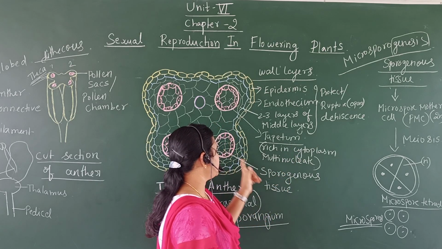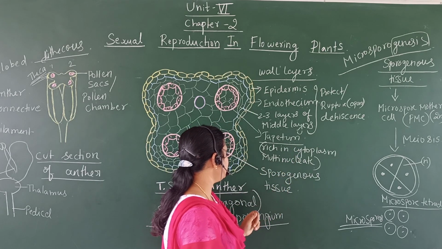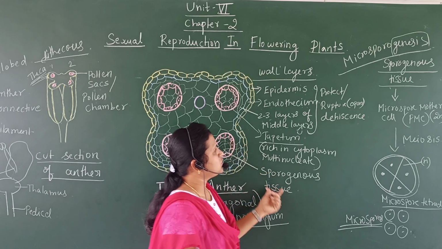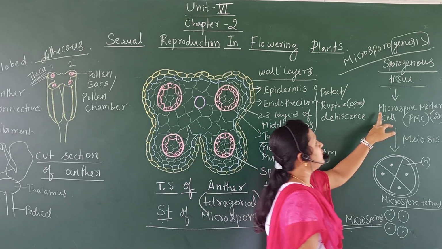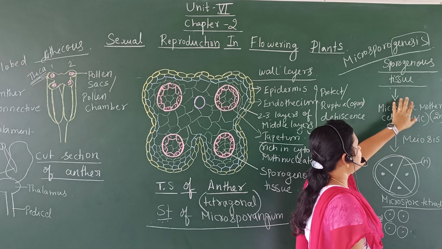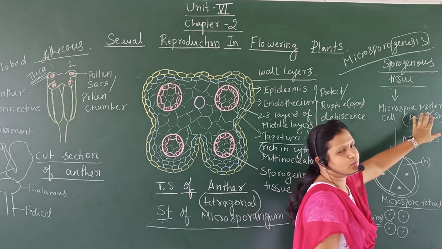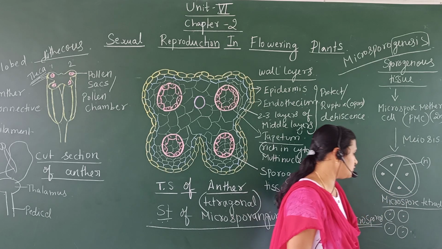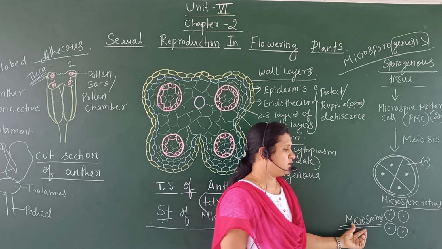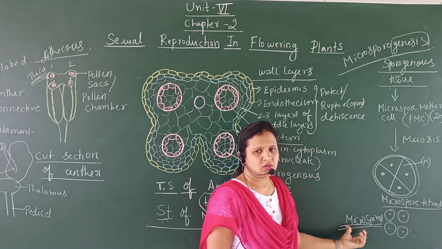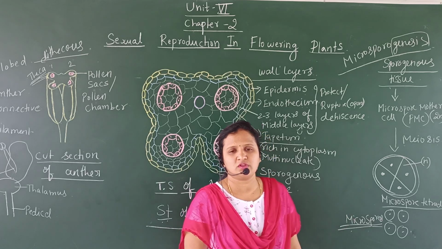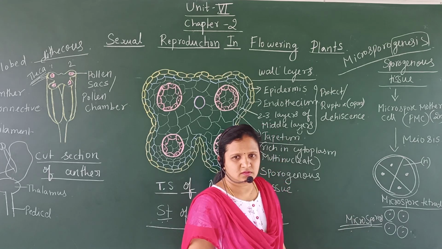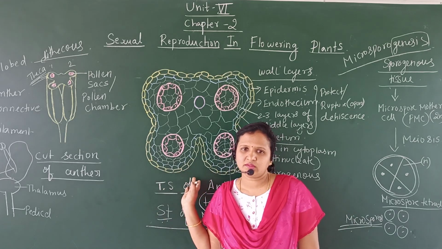Inside, the sporogenous tissue differentiates to form microspore mother cells. After meiosis they develop into microspore tetrads and then into microspores, and these microspores develop into pollen grains.